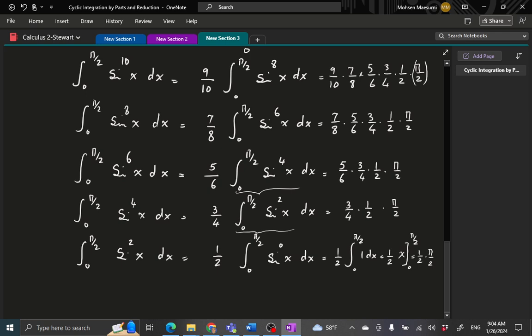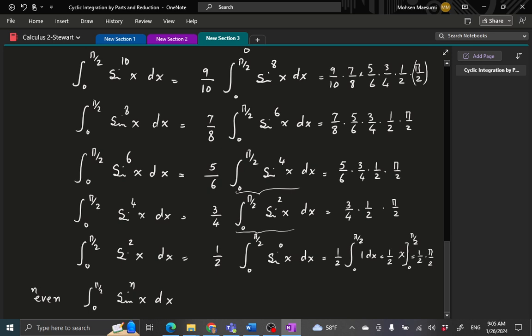For even power, I have a formula that says start from that even power, go down in steps of 2, and start from 1 less than that and go down on them as well, steps of 2. At the end, multiply by pi over 2. So we have a kind of hand-waving proof as to what would be the integral of sine to power of n of x dx in case n is even.